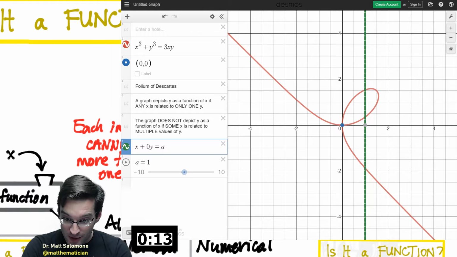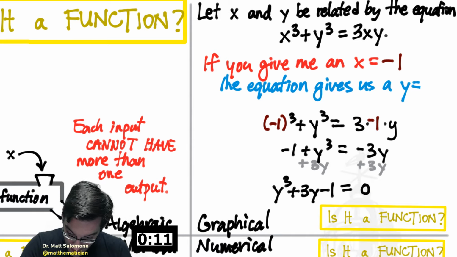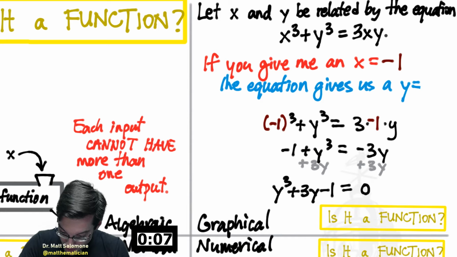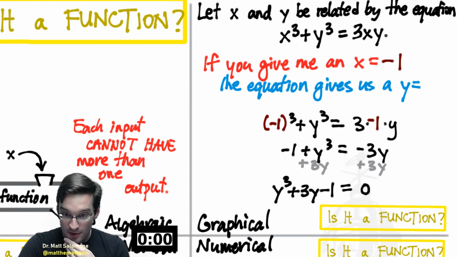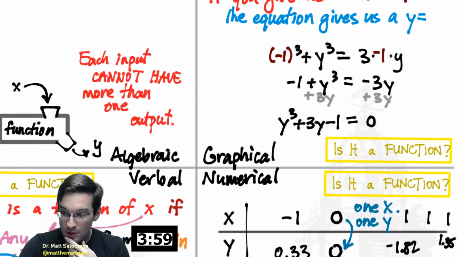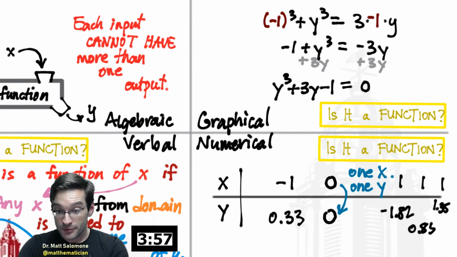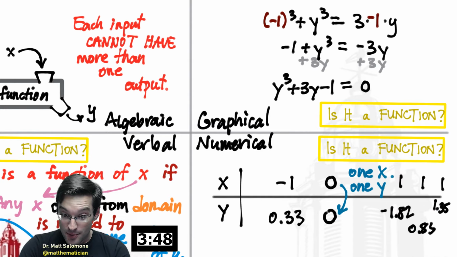And so if I listed all of those in my data table, all of them would be related to the same x value. I'm realizing I'm drawing off the screen here. So the tell is that I have the same x value for 3 different y values. And that goes straight to the heart of not being a function.